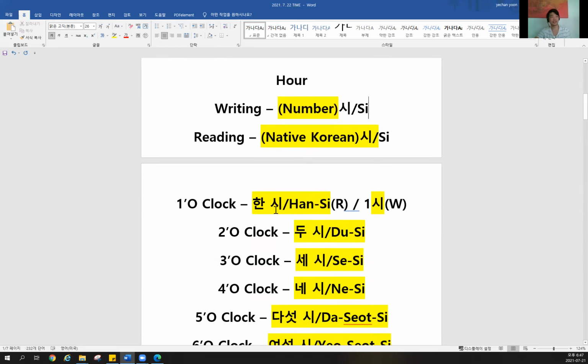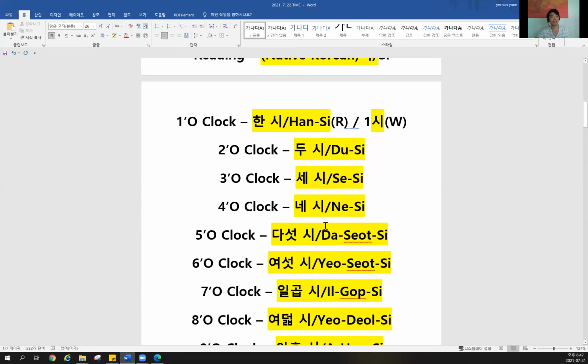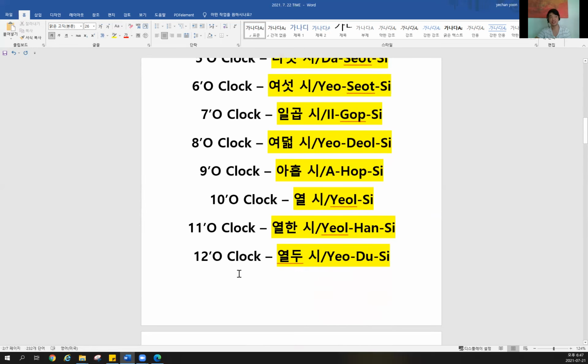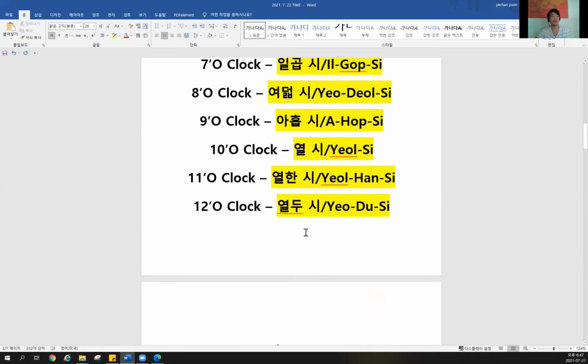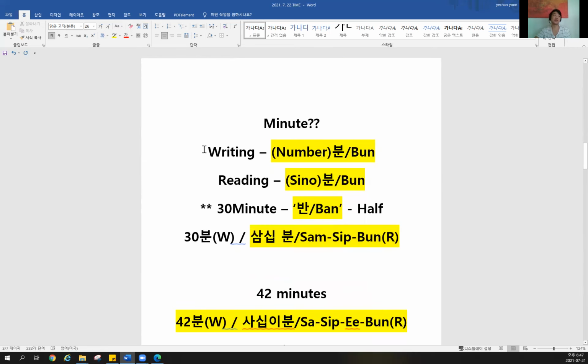Okay. So 1시, 2시, 3시, 4시, 5시, 6시, 7시, 8시, 9시, 10시, 11시, 12시, with the changing form. And the minute, you write with a number plus 분, but read with the Sino version and 분. And don't forget, guys, 30 minutes can be written as 반, which means half, but can also be written as 30분 with the Sino version.